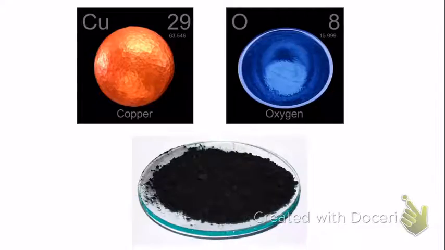All right, so here we take, for instance, again, the element copper and the element oxygen off the periodic table, and we're going to combine these two elements together, and we're going to create the compound copper oxide.